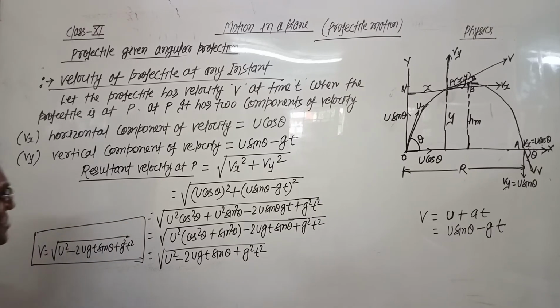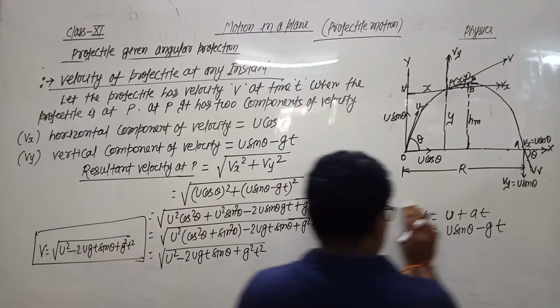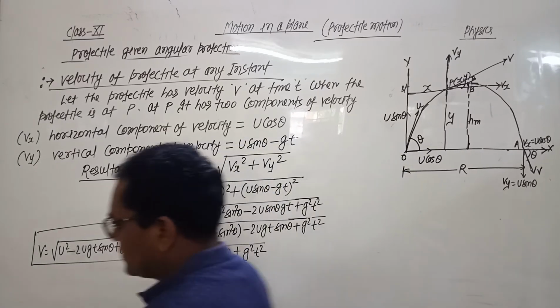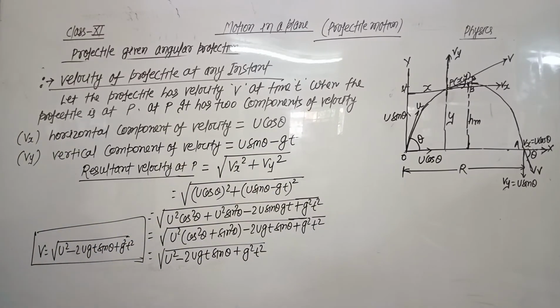So this is the resultant velocity at any instant. For example, at point P, the resultant velocity we have calculated is under root of u square minus 2u gt sin theta plus g square t square.